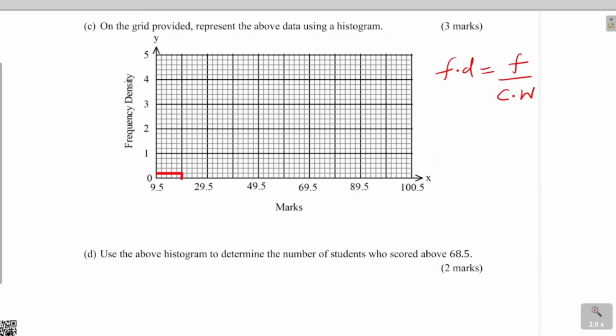The frequency density is 0.3. That is just slightly higher than the other one, like that. It's supposed to be up to that point.